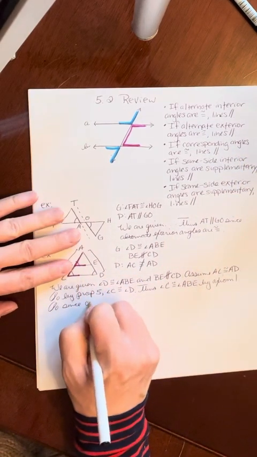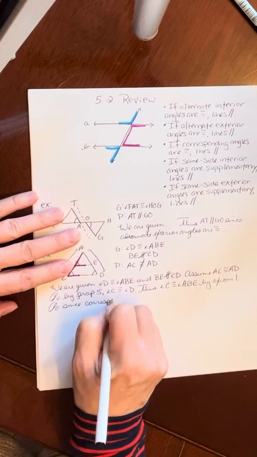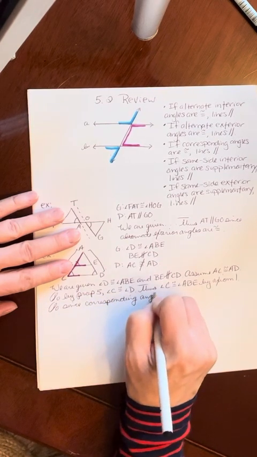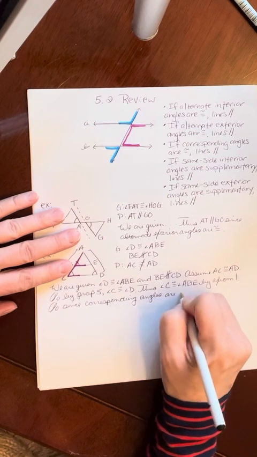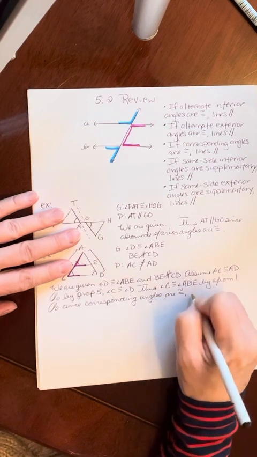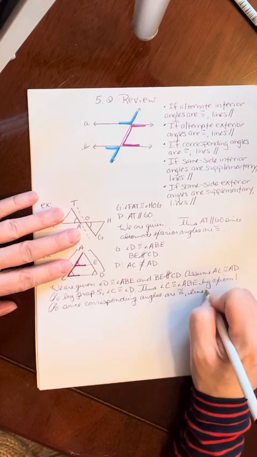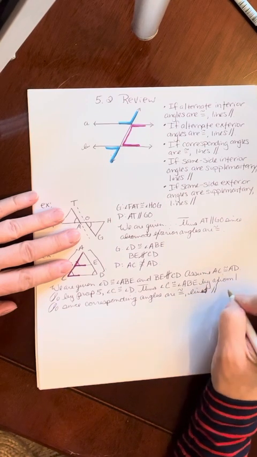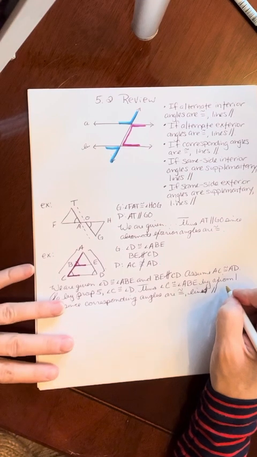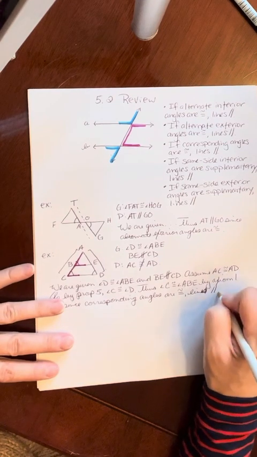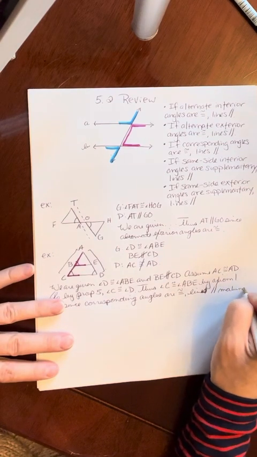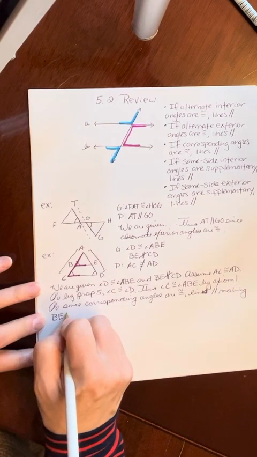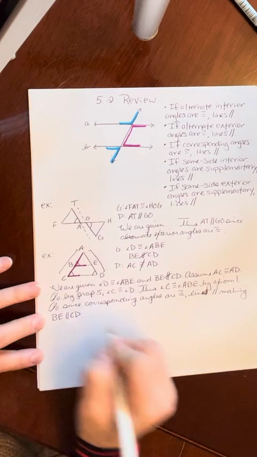So since corresponding angles are congruent, lines are parallel, making BE parallel to CD.